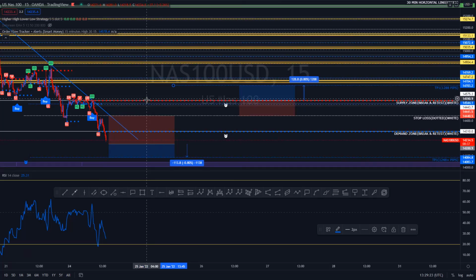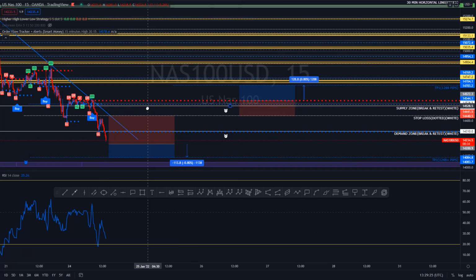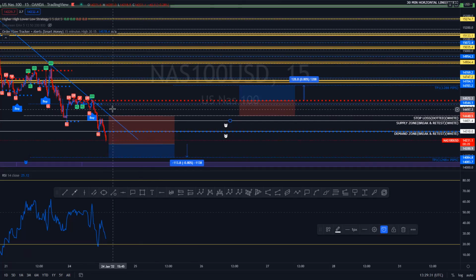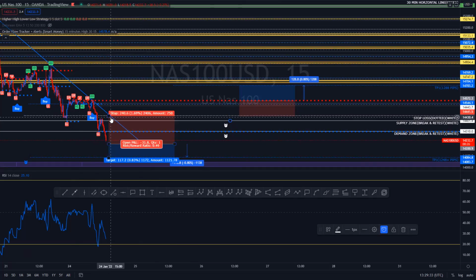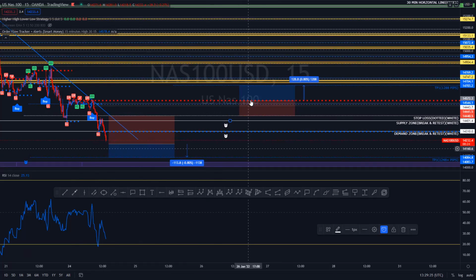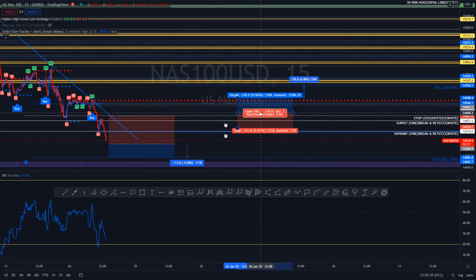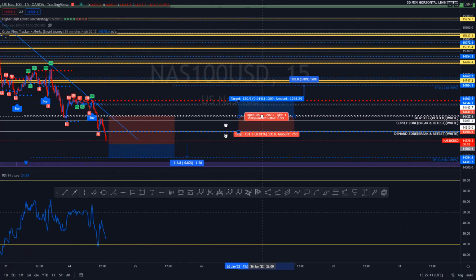So I'm actually going to adjust this. I want to see it break out to here. Come up and break out up to here because this is the next low. So that's what I'm looking for. So let me actually just move this down to here. This is the stop loss here.